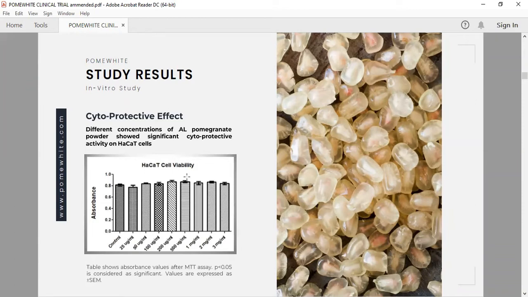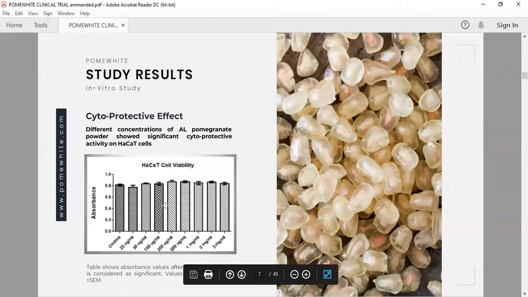So from this graph, it is now clear that this extract up to 3 mg per ml is completely non-cytotoxic, because if it were cytotoxic, then the viability graph of the cells would go down, like at this place or somewhere else. And if it goes down, this means the product is cytotoxic, and then we would apply a lesser dosage, or we would recommend some changes in it.